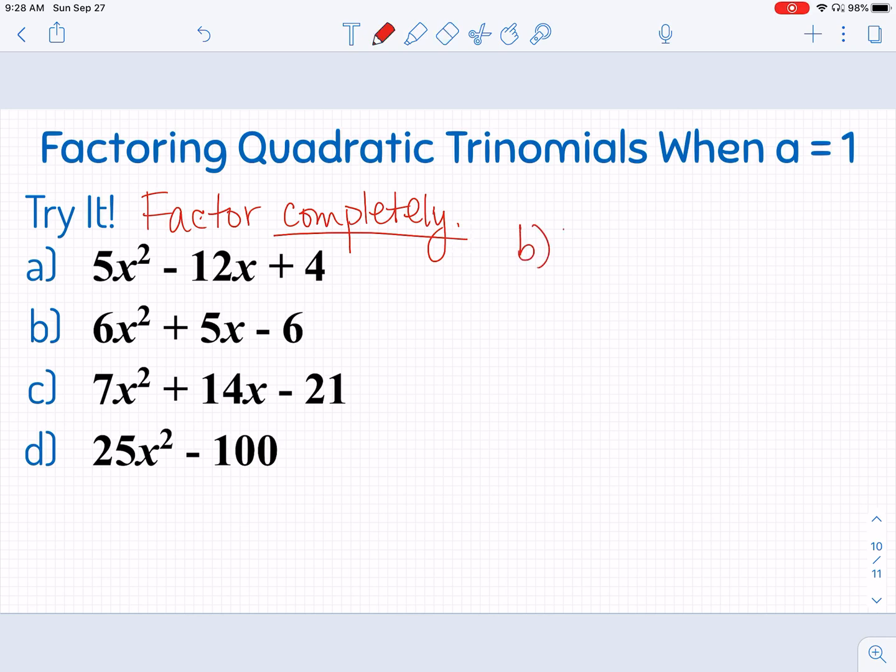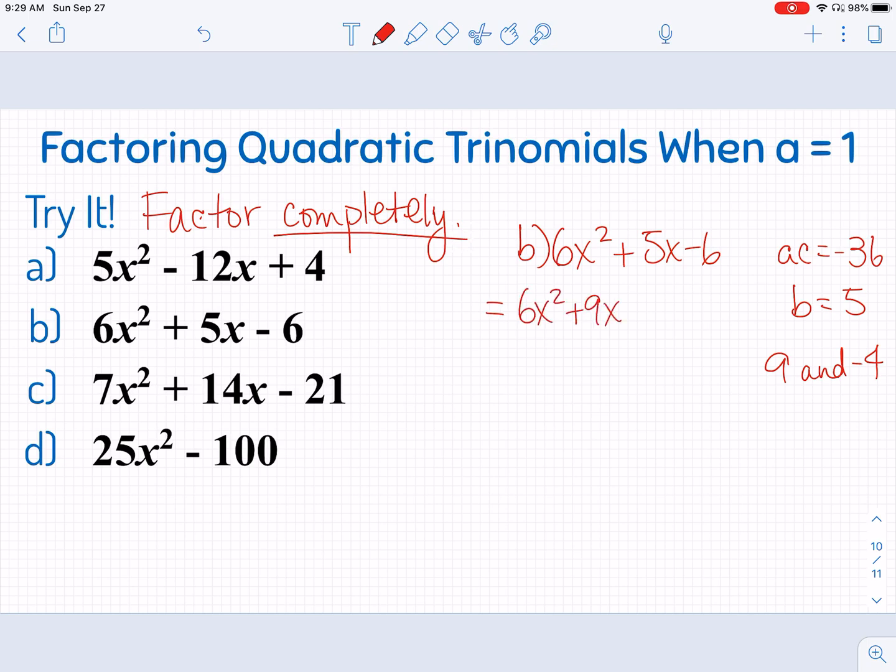Next one. Part B, I'm looking for factors of negative 36 with a sum of 5, so 9 and negative 4. The GCF of the first two terms is 3x.